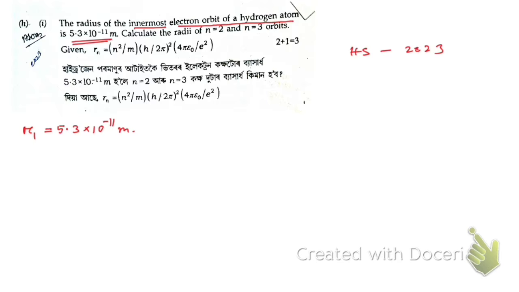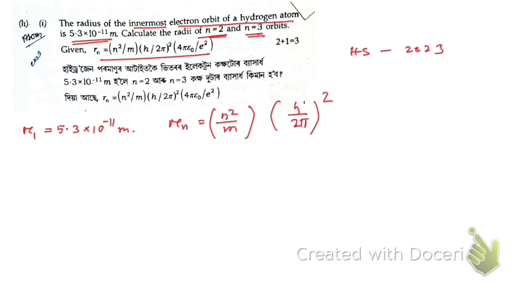Calculate the radius of the second and third orbit, n2 and n3. Here Rn is equal to n square divided by m into h by 2 pi whole square 4 pi epsilon naught by e square.